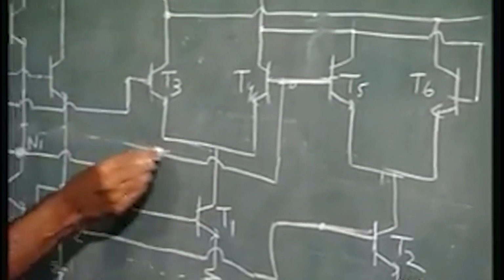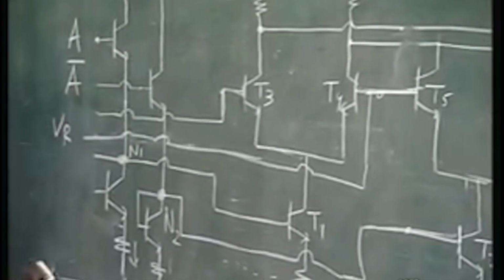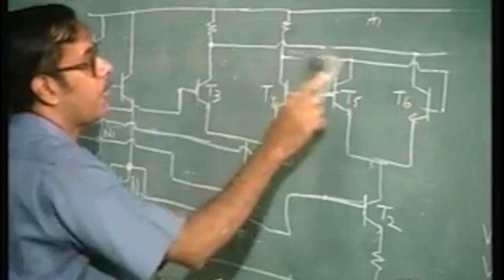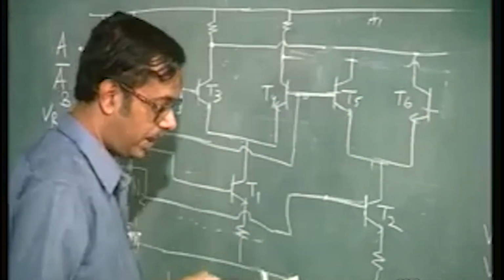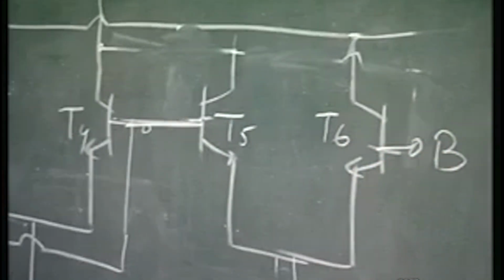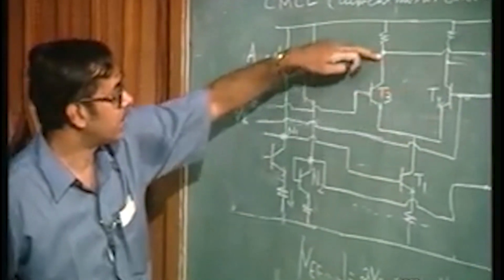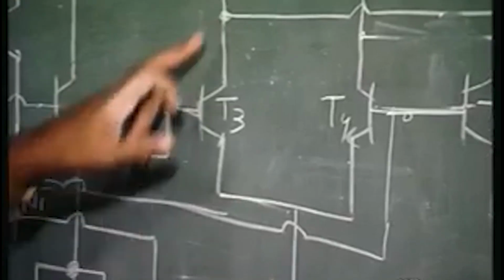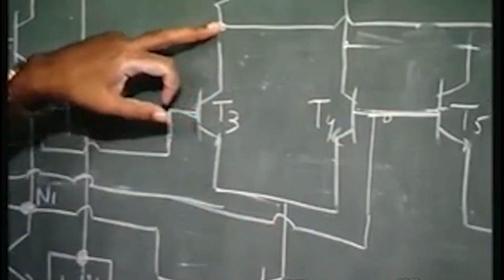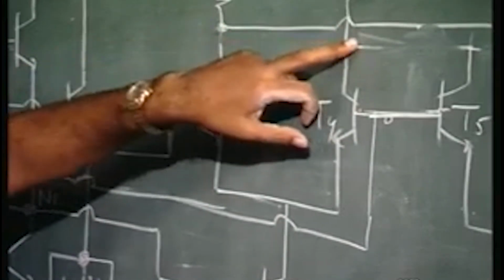This is the reference voltage, and for the other input, here you put B, and here also you put B, here also you put B. So, if A is high, that is here in this circuit, this output is equal to B bar. You have B here, and this is the reference voltage. So, this corresponds just like an ECL gate, this corresponds to B bar NOR output, and B bar, this corresponds to B.